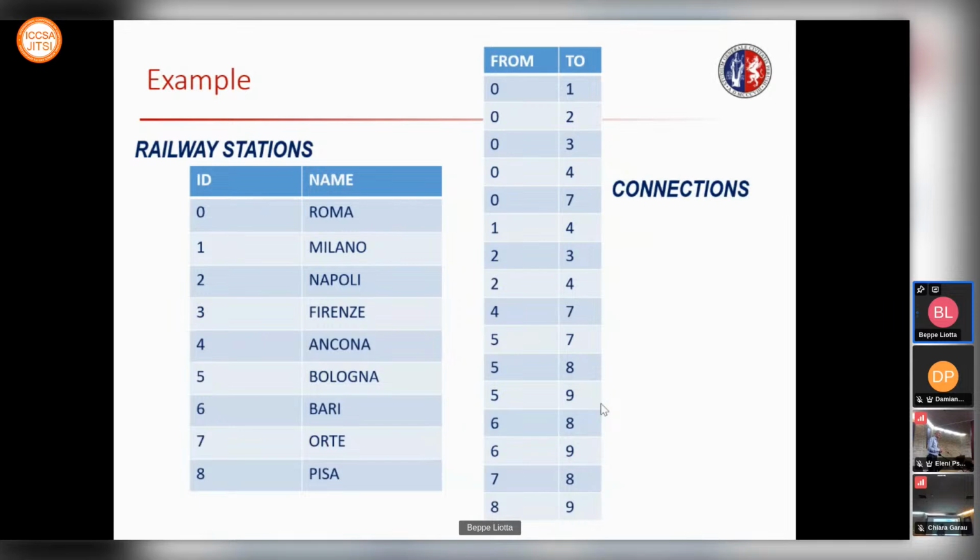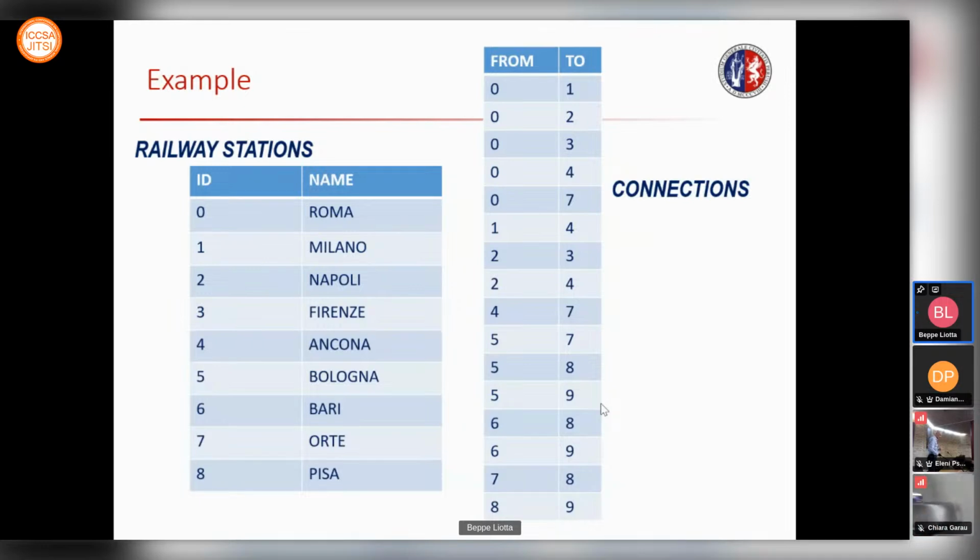And then we have another table named connections from to. For example, the first tuple, the first row in the table says 0, 1. It means that there is the station of Rome, there is the station of Milan, and then you have a train track that goes from Rome to Milan. So you have a direct connection. So connections describes a network, a railway network.